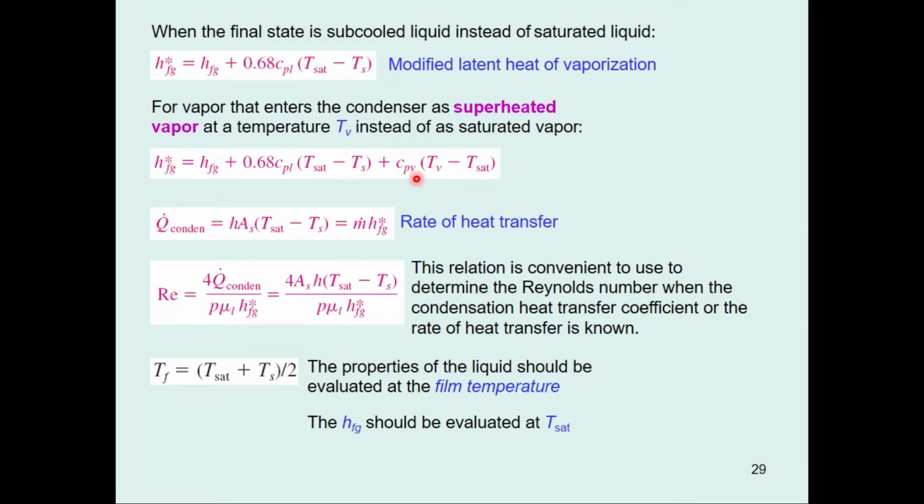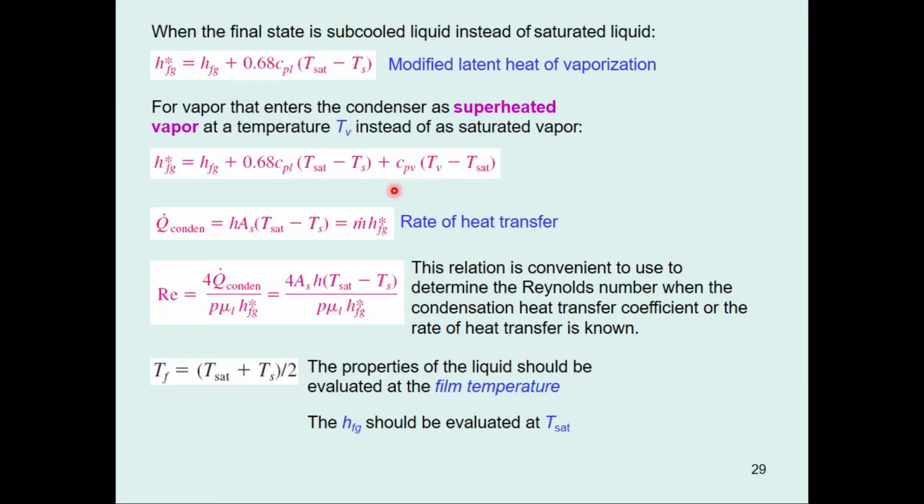Here C_pv is the heat capacity of the superheated vapors, determined at a temperature obtained by taking the average of the temperature of the vapors and the saturation temperature. If we add these two values and divide by 2, we get a particular temperature, and then we determine C_pv, the heat capacity of the vapors.